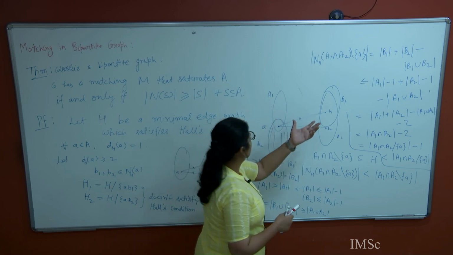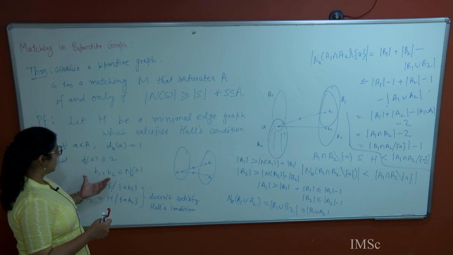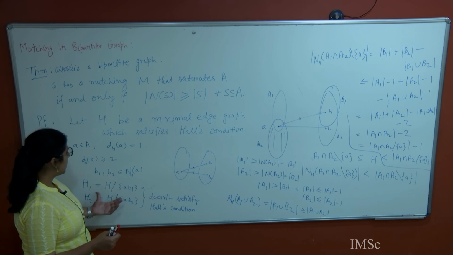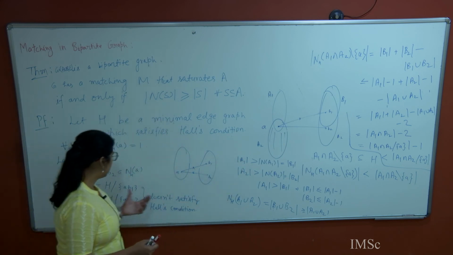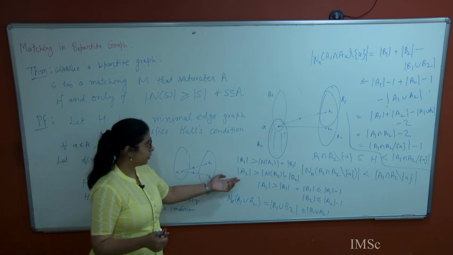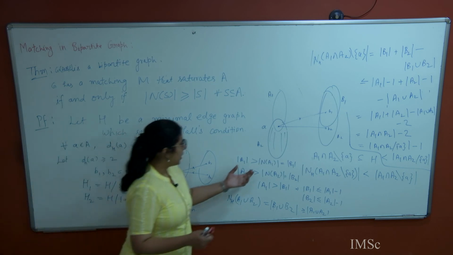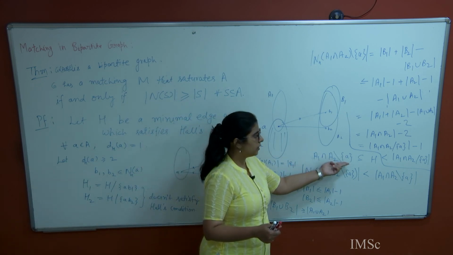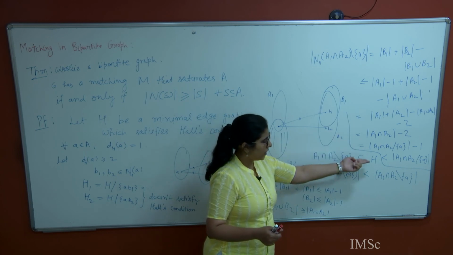So we started with some sets where Hall's condition fails in H1 and H2 because we removed some edges, and then we found sets A1 which fails Hall's condition in H1, A2 which fails Hall's condition in H2, and then we constructed the set A1 intersection A2 minus A, and this set also fails Hall's condition.